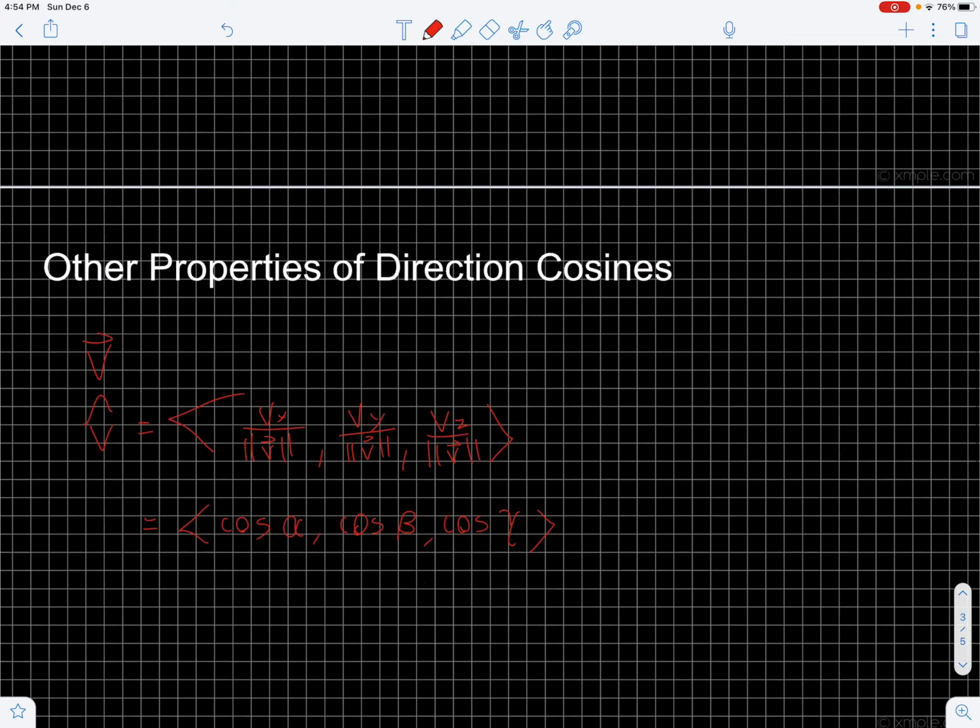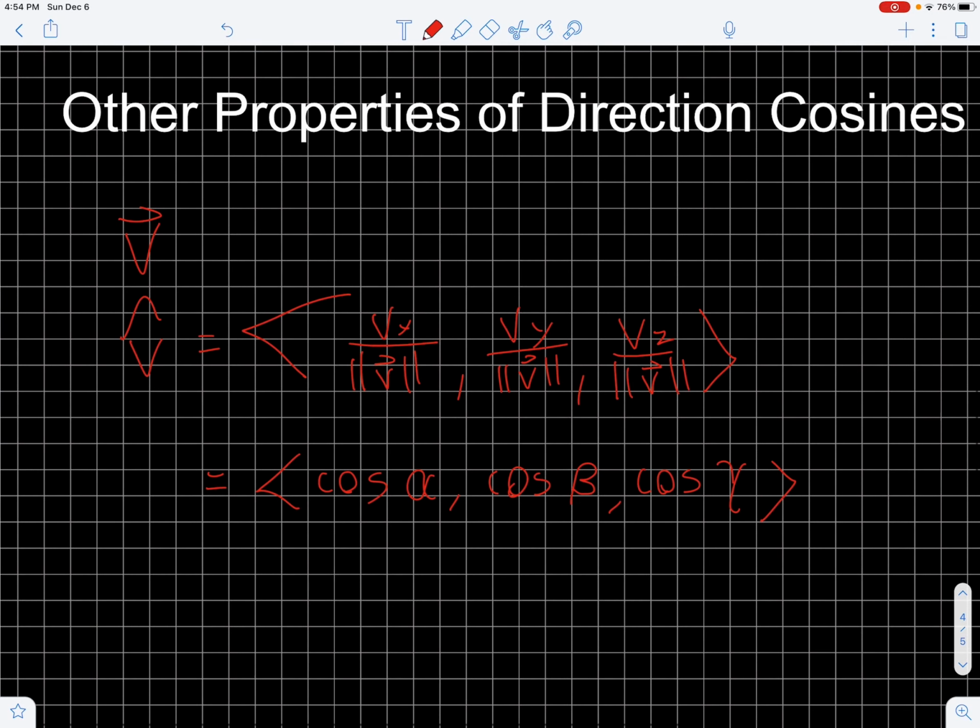And so that means, since the norm of this unit vector is 1, cosine squared of alpha plus cosine squared of beta plus cosine squared of gamma is equal to 1.